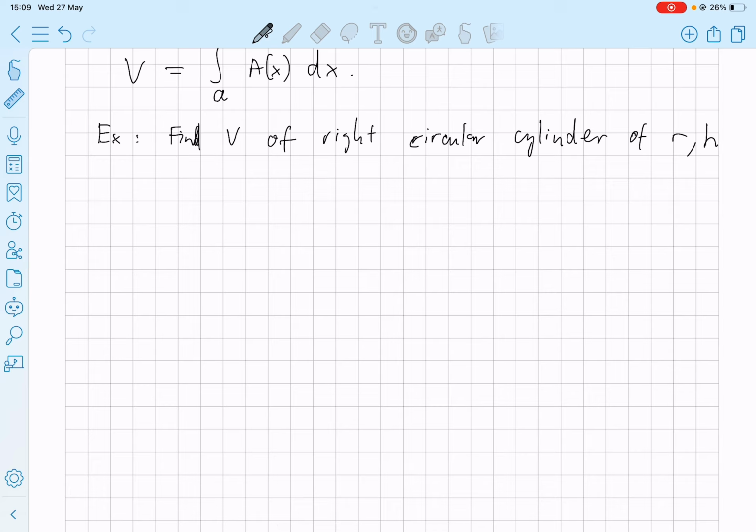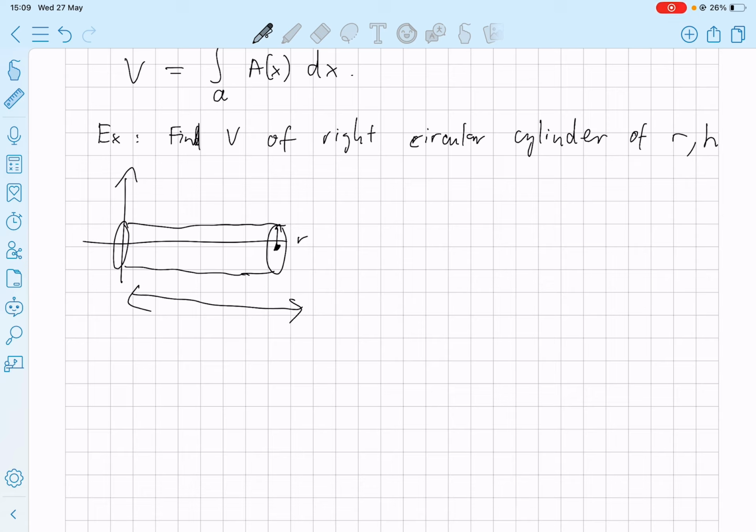So let's get it out. I will let the cylinder lie on the floor like this, and it will have a radius of r, and the height is h.